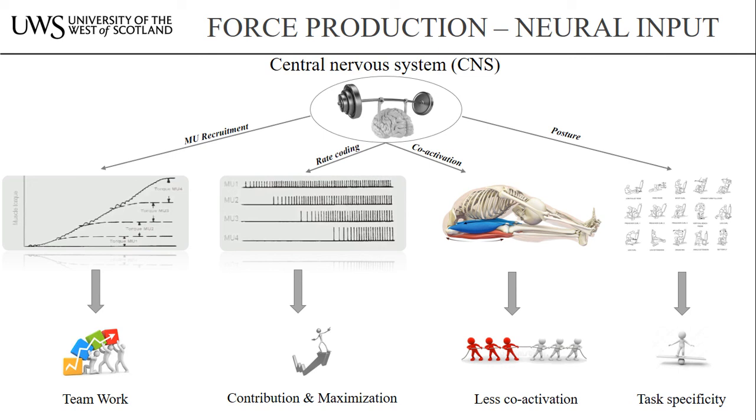So the first one with a very light external load, let's say 20% of the maximal capability of a given subject, and the second variant is performed with a very heavy load, 80%.